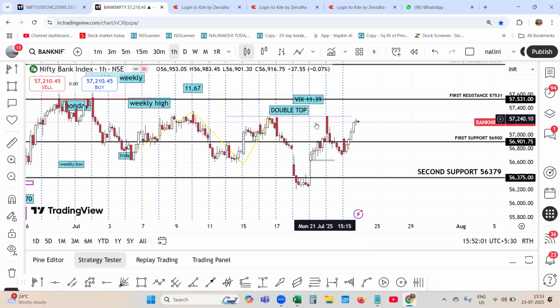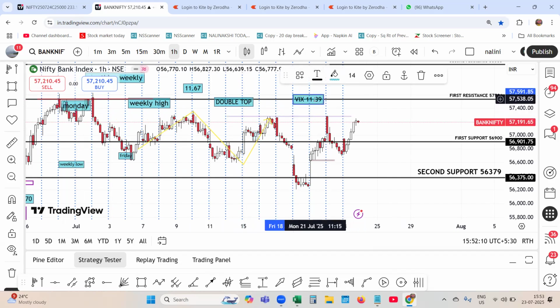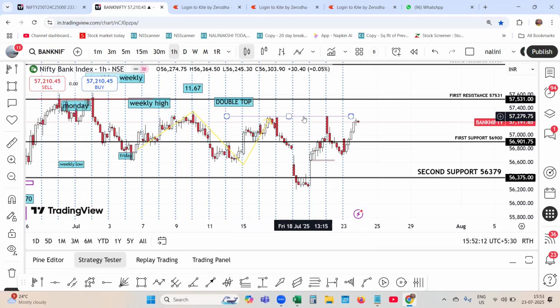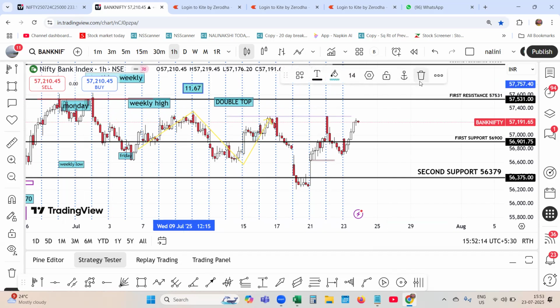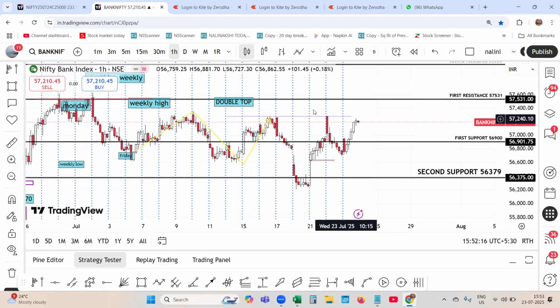Probably there is a double top. Here also you can see open-high candles over here and above this. Let me take out these wicks and everything.